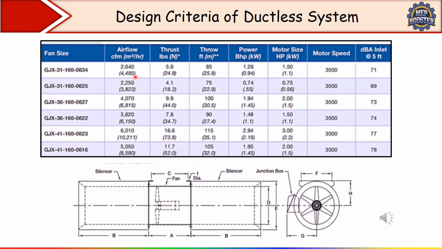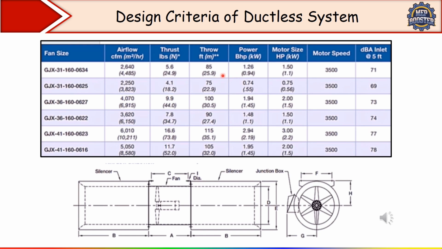Suppose you have calculated your flow rate and you get around 2500 CFM, so we have to follow this first row. So for that, see, the fan size is given and thrust how much? 24.9. It means we have to select around a 25 Newton thrust fan. Okay, then how far can this fan throw? 25.9 meter it can throw the air.